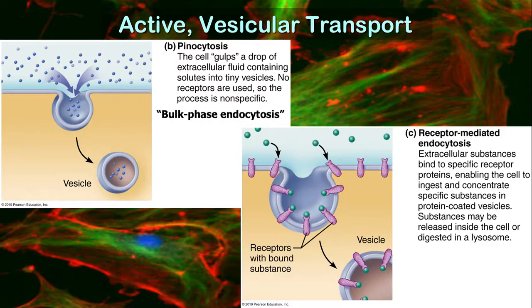And then our last two, pinocytosis, you'll also see it as bulk phase endocytosis. Both of those are the same process. This is endocytosis, so which direction is the vesicle moving? Into the cell. But this time, instead of engulfing something really big, we are engulfing mostly liquid and whatever is dissolved in it.